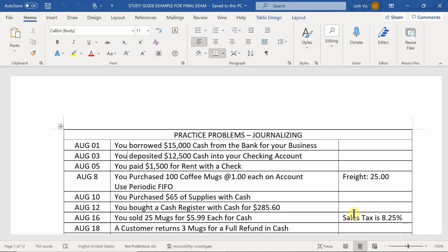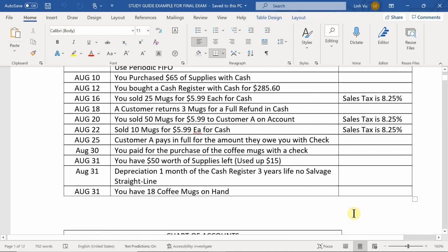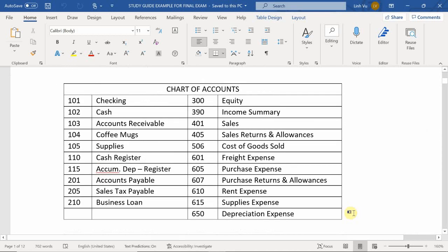Journalizing. Number 1 here, it is August 1st, and you borrowed $15,000 cash from the bank for your business. Okay, so let's take a look at my chart of accounts. On August 1st, I borrowed $15,000 cash from the bank for my business.